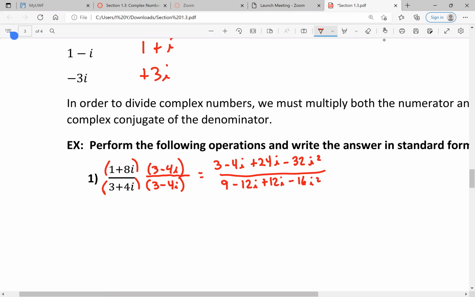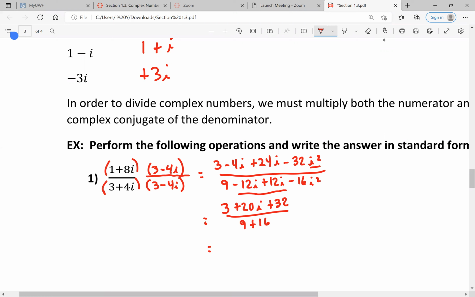So you see what happens. The i's cancel each other out. That is the whole reason for doing this. So let's look at our numerator here. Bring my 3 down. Negative 4i plus 24i is plus 20i. This becomes negative 1, so I have plus 32. And here I have 9 minus 16i squared, which becomes plus 16.